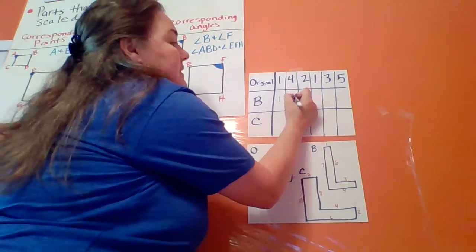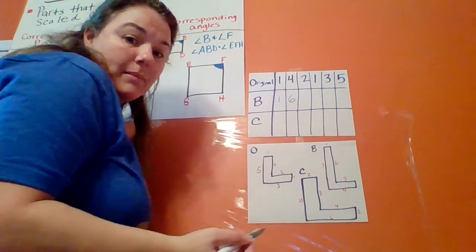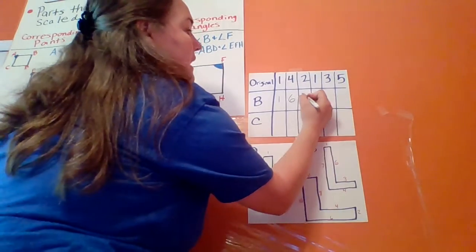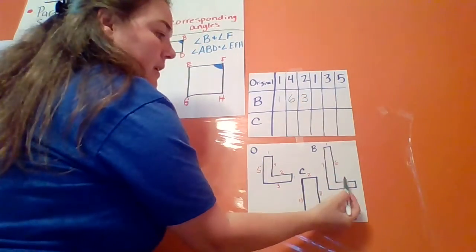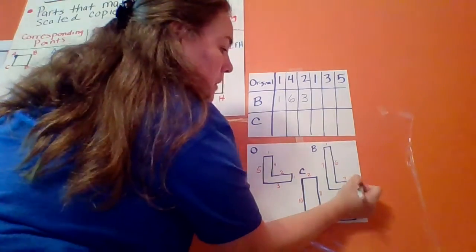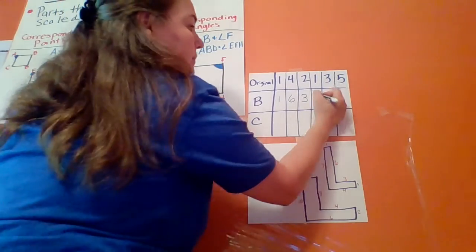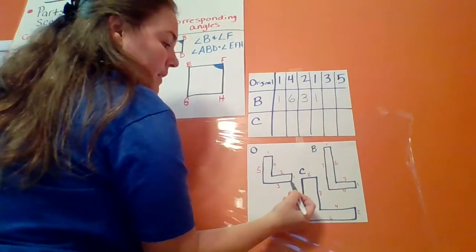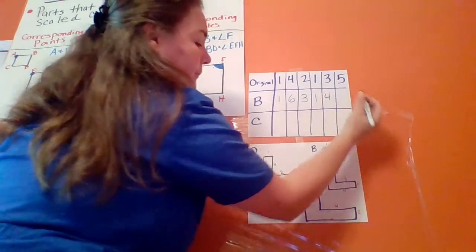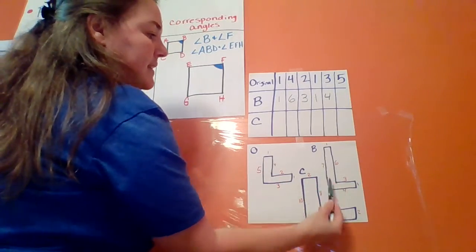So that's 6. And then I'm just going to keep going. So this is 2. So its corresponding side is 3. Whoops. This isn't labeled, but this is a 1. Over here is a 1. Here's also a 1. This is 3. So its corresponding side is 4. Here's 5. This corresponding side is 7.